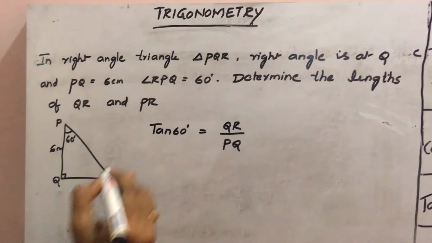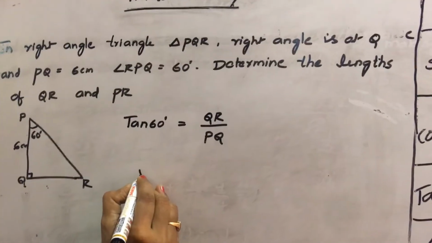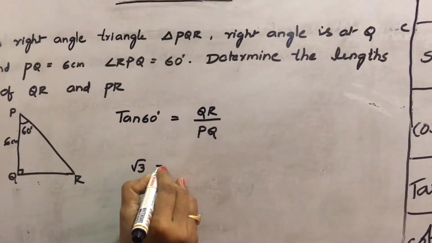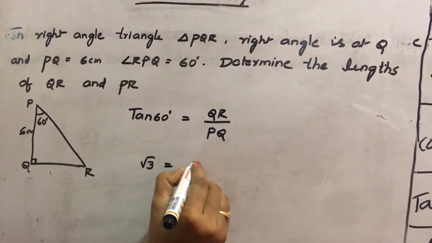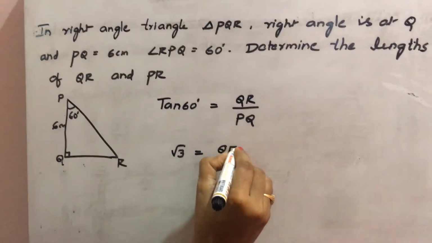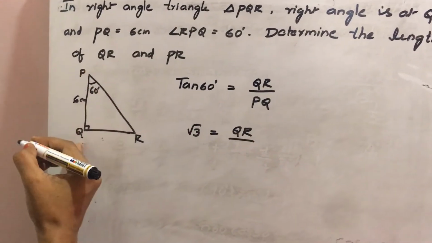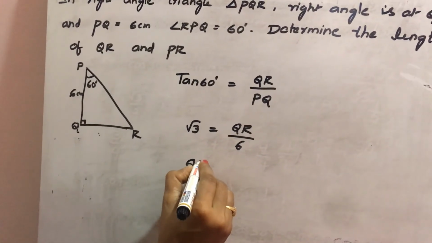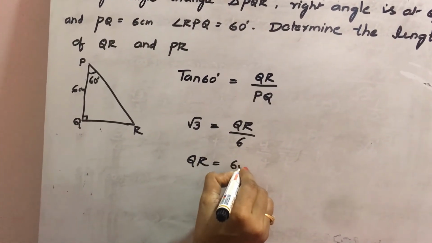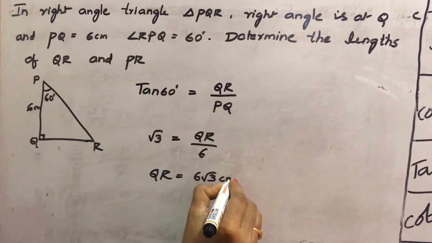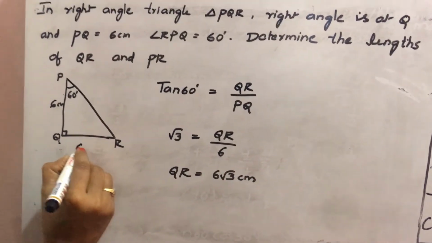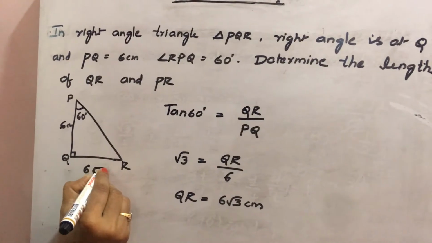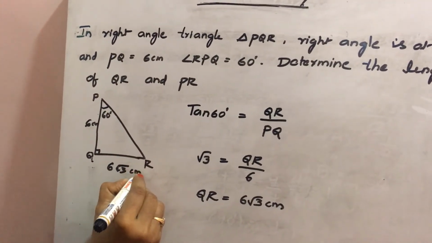Now tan 60 value is, we know, root 3, which is equal to QR length we need to find out, PQ is we already know, that is 6. QR is equal to 6 into root 3 centimeters.